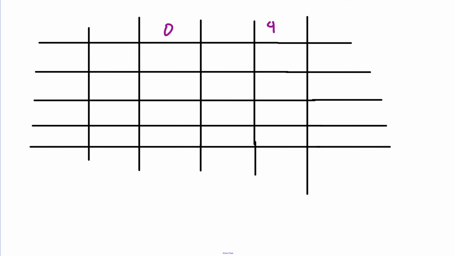And then here we have x is smaller than 0, x is between 0 and 4, and x is greater than 4. So something smaller than 0, we could put minus 2. Something between 0 and 4, we'll put positive 2, and then we'll put 6.